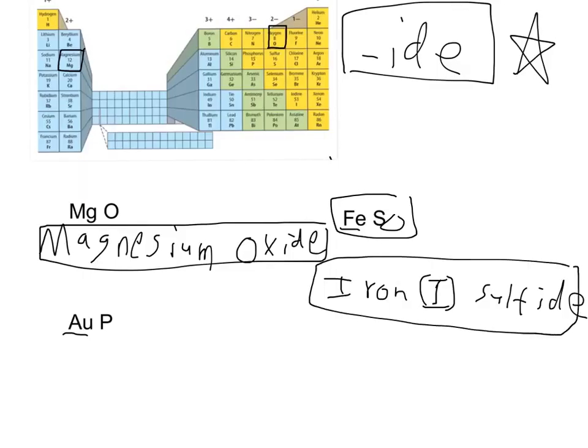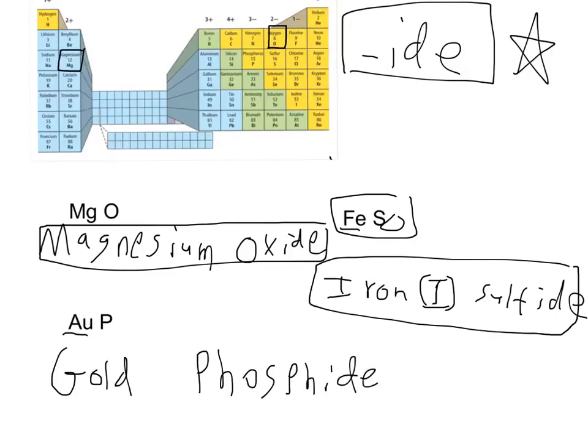So now you move on to gold phosphide. That's how you're going to say it. So gold phosphide. You have to remember that I, it's important for this. So you do parentheses again, and this time I'm just going to pretend there's a 3 there.